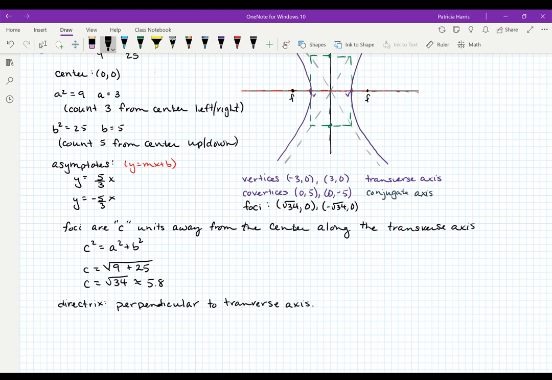Since it's perpendicular to that transverse axis, the equation for this particular hyperbola is going to be x equals d.